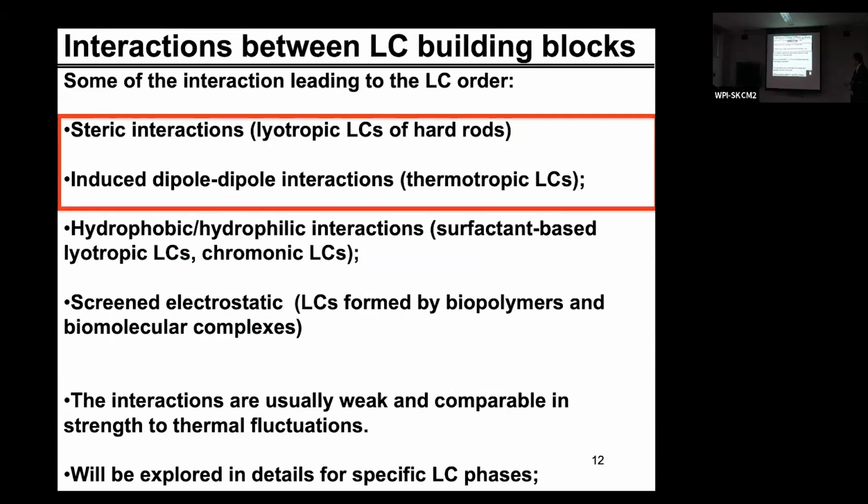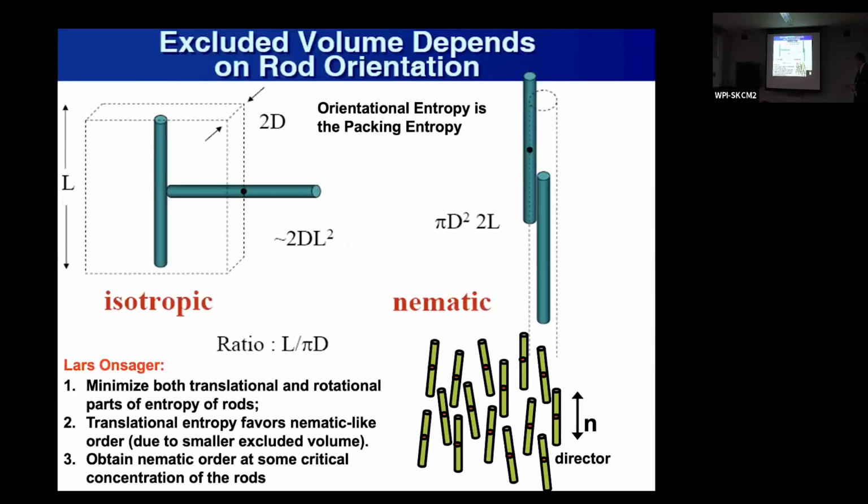And another one is induced dipole-dipole interactions, which is nothing else but van der Waals interactions that for these highly anisotropic building blocks are anisotropic and lead to not just a liquid state, but a liquid crystalline state. And also many other interactions, such as hydrophobic, hydrophilic interactions, electrostatic interactions, and others can lead to liquid crystallinity.